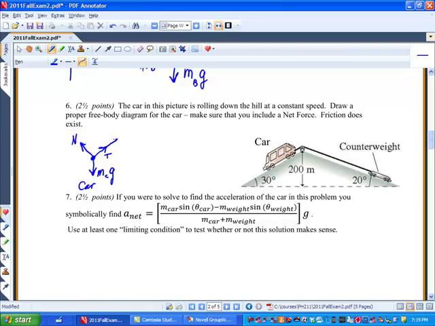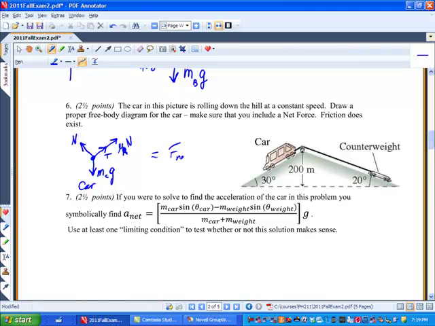So we do have some friction here. What type of friction? Rolling. It's not sliding down, but it's rolling down. So probably that should be a mu R N there. And you always need an F net. Which way is F net pointing in this case? Constant speed.